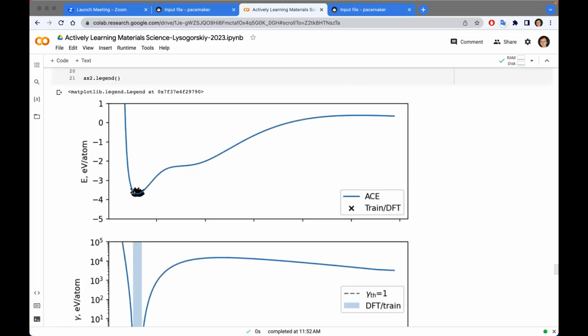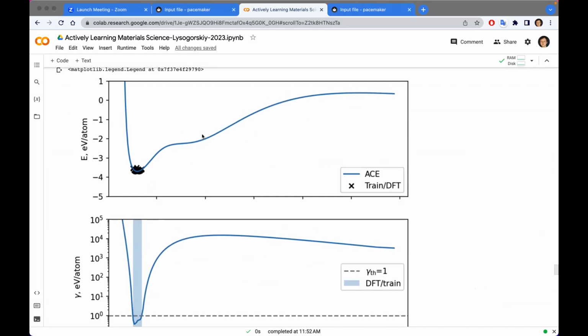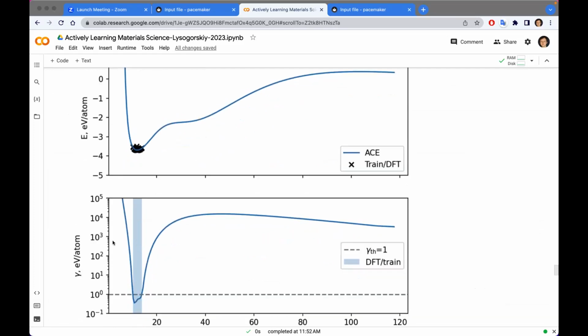So actually, again, we have this problem with bad prediction in this region because there are no data. So now it's the original real ACE potential fitted on both energies and forces using nonlinear optimization and so on and so on. But it's still the same problem because there's no data there. But the extrapolation grade, sorry, it's not eV per atom, it's just unitless.